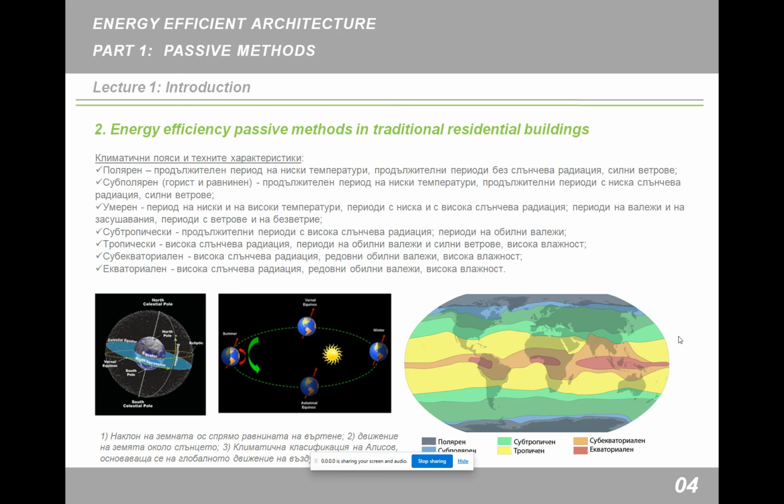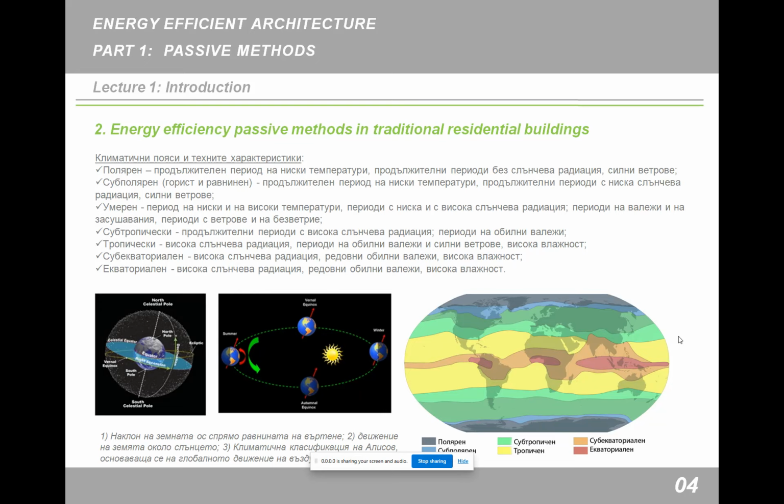As a short introduction, there are 7 climate zones on the Earth. The polar zone, which has very long periods of low temperatures and even periods without solar radiation and prevailing strong winds.